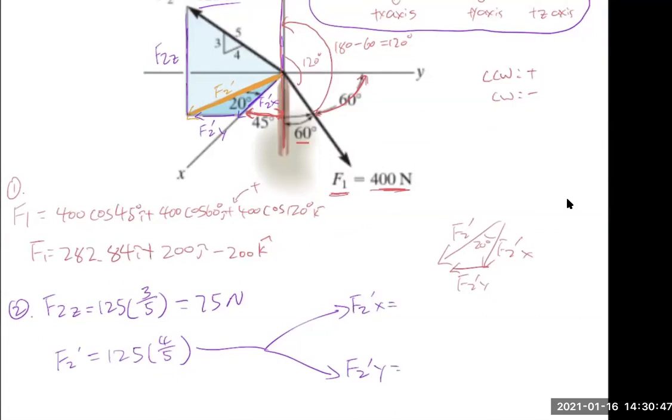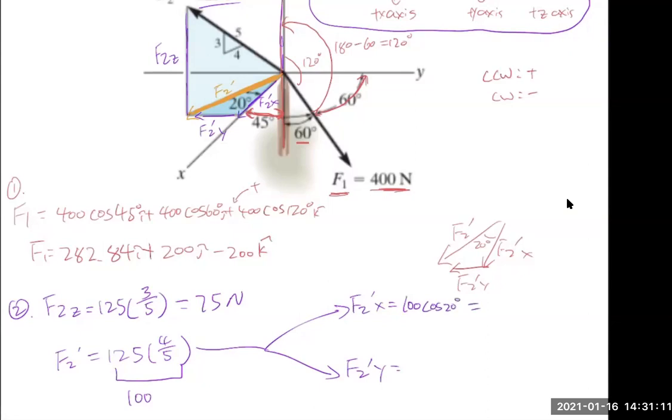Since we already know F2 prime is 125 times 4/5, if we put this in the calculator, we get 100. So F2 prime is simply 100 cosine of 20 because it's adjacent to this 20 degree angle.